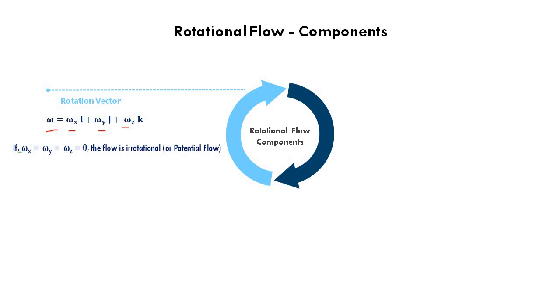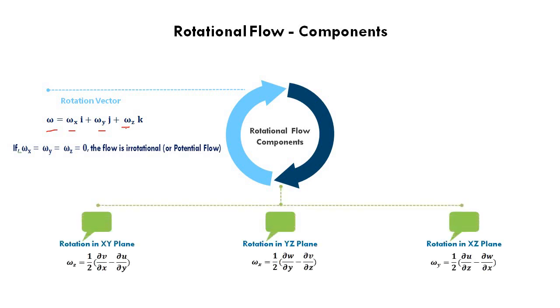Such type of flow is normally termed as potential flow or irrotational flow or inviscid flow. Fully potential flows are generally termed as inviscid flows. So you should know the categorization: viscous flow refers to rotational flow generally, and inviscid flow or potential flow refers to irrotational flow. This is a general classification.